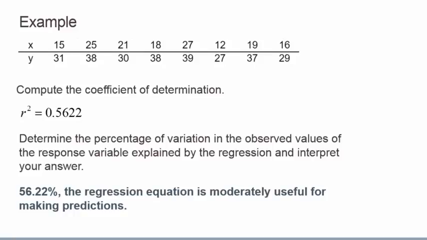The regression equation is moderately useful for making predictions. This is because 0.5622 is halfway between 0 and 1, where 1 has a strong linear regression and 0 has no linear regression.